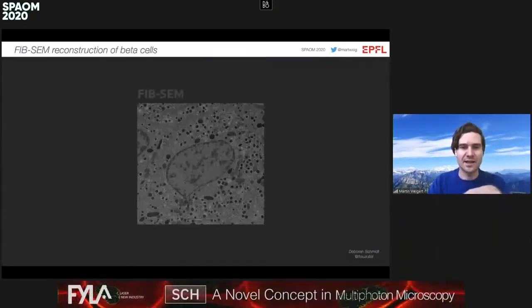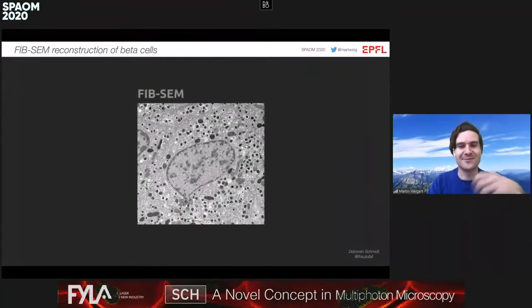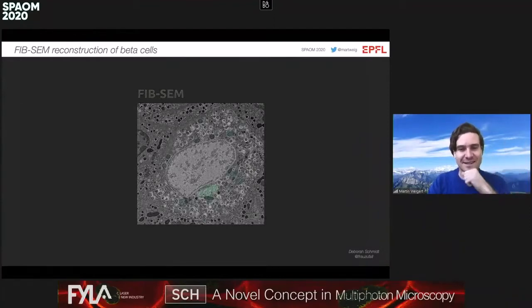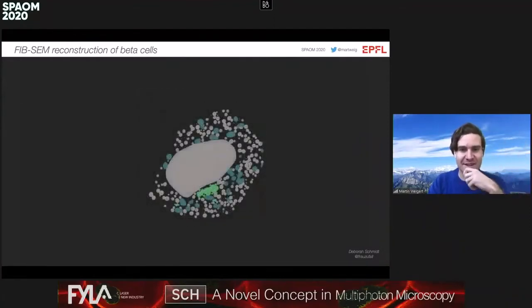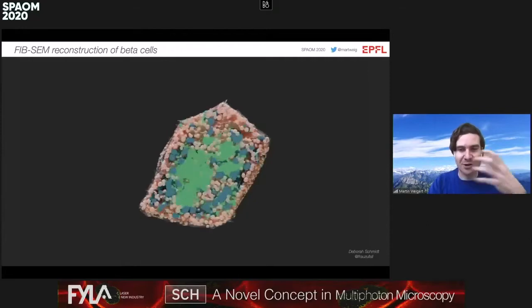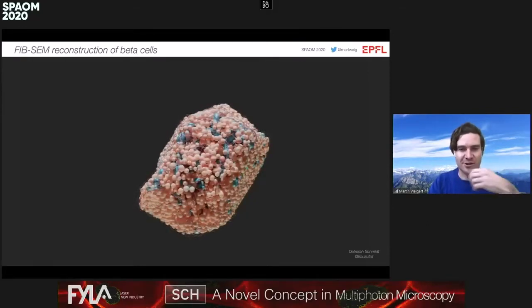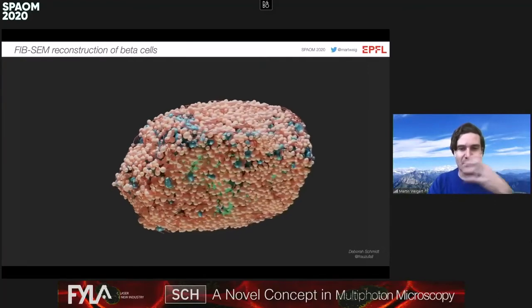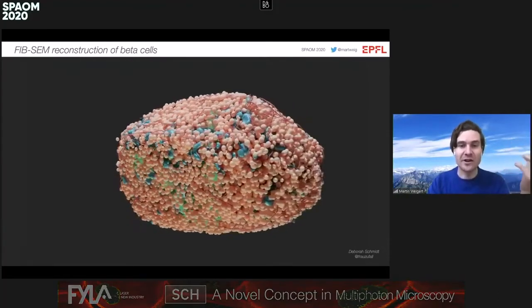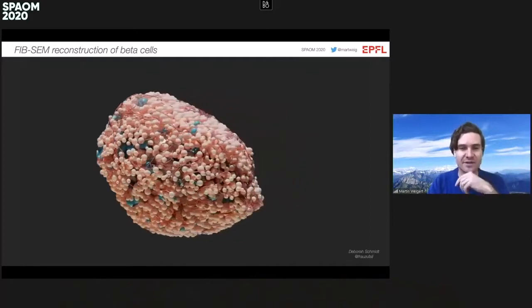And finally, I just want to show you that it not only provides quantitative, extremely rich information, but also qualitative, very beautiful insight into the inner workings of a beta cell. This is a video rendering of all the organelles by Deborah Schmidt, which I find so fascinating to watch all the time. And you see how packed all organelles are inside of the beta cell.